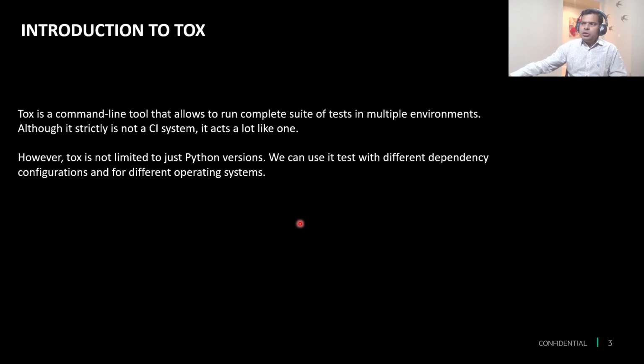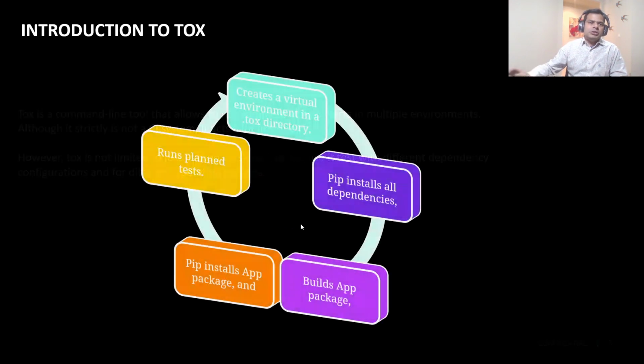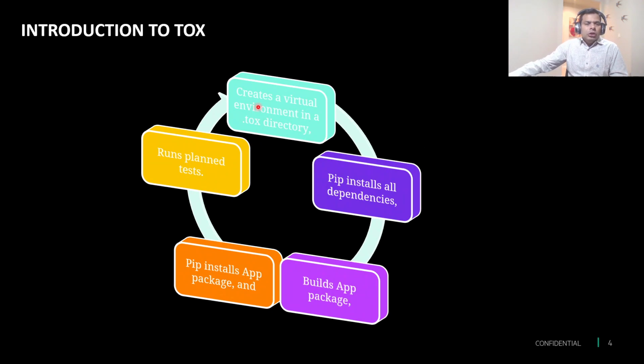So let's see what we accomplish inside it. Starting from the very basics: creating the virtual environment, installing all the required dependencies, then building the app, installing the app, and running all the test cases. So tox takes care of repeating these steps for different environments, and that's where it makes our life very easy.